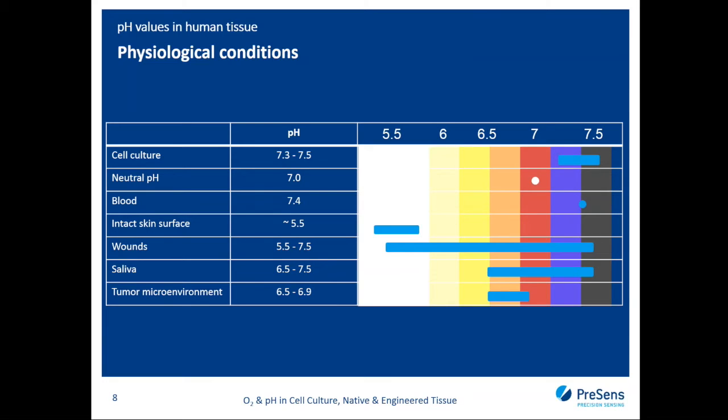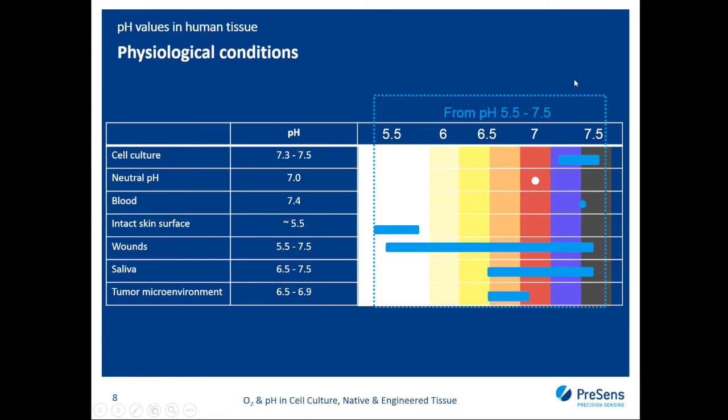In the tumor microenvironment, the pH levels are a little bit acidified, from 6.5 up to 6.9. And on intact skin, for example, you find pH levels down to 5.5 with a huge variation gap. Also, if you regard wounds, you find pH values ranging from 5.5 up to 7.5.